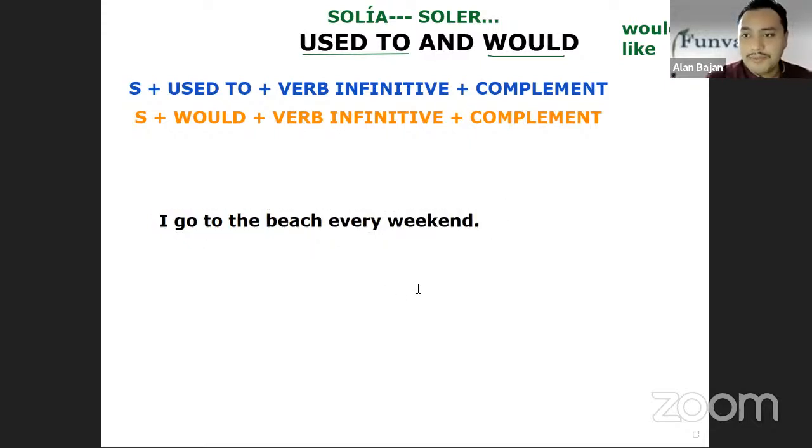Okay, now please write this sentence using used to in the chat. I go to the beach every weekend. Affirmative sentence with used to.